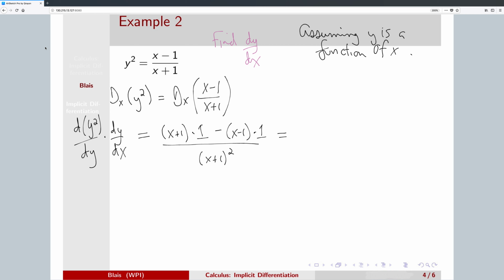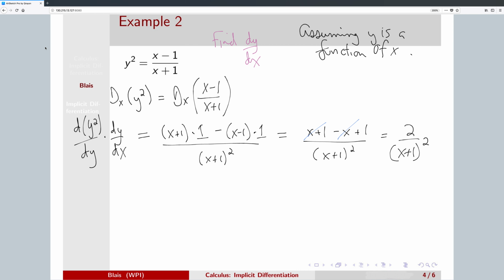The numerator, we have x plus 1. And then when we distribute this minus 1, we get minus x plus 1, over (x plus 1) squared. The x's cancel, and we get 2 over (x plus 1) quantity squared.